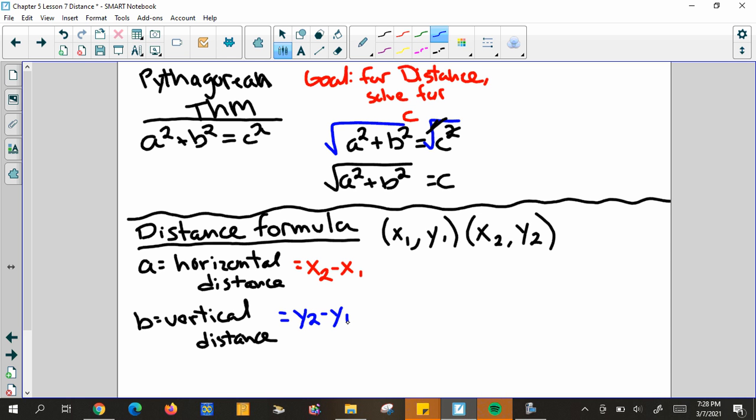What we're going to do next is we're going to substitute that into our Pythagorean theorem, and it'll look like this.